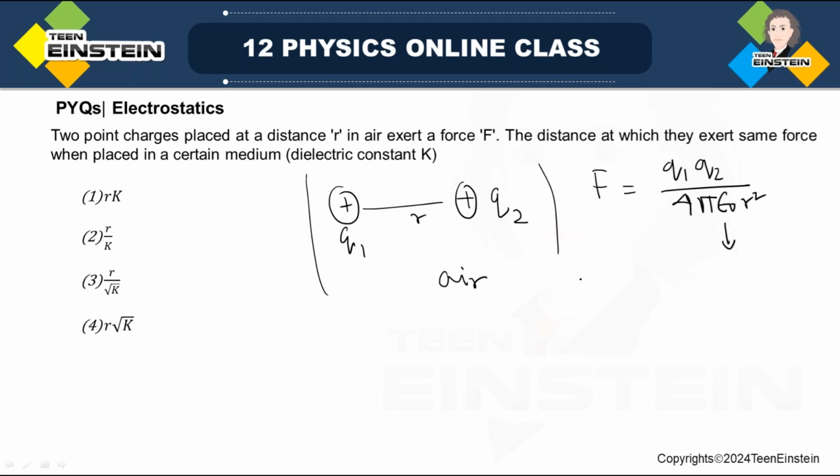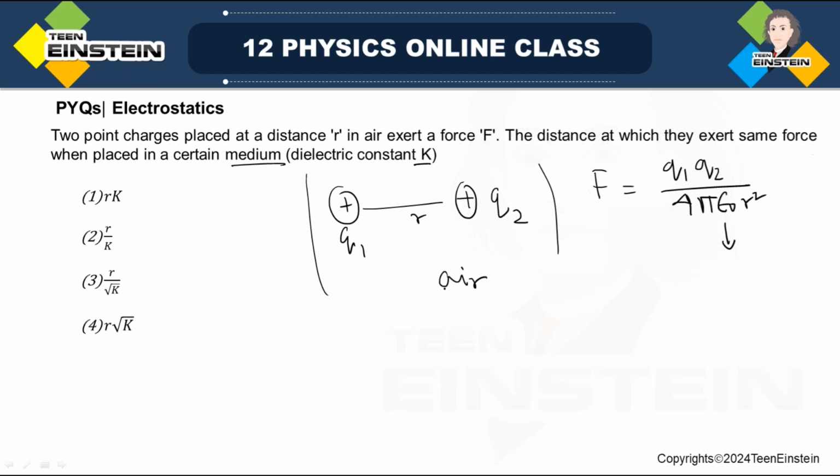But when these 2 charges are placed inside a medium of dielectric constant K, what will be the distance when the same force F will be exerted by both?